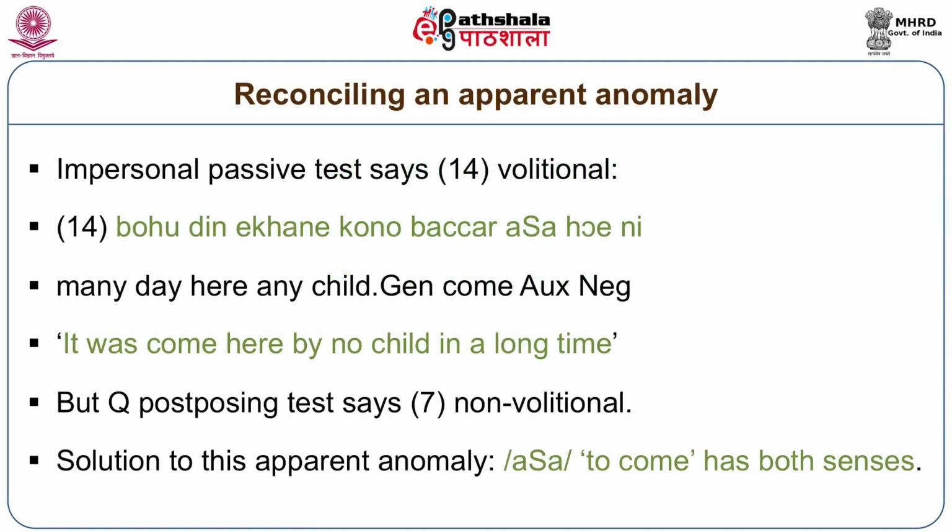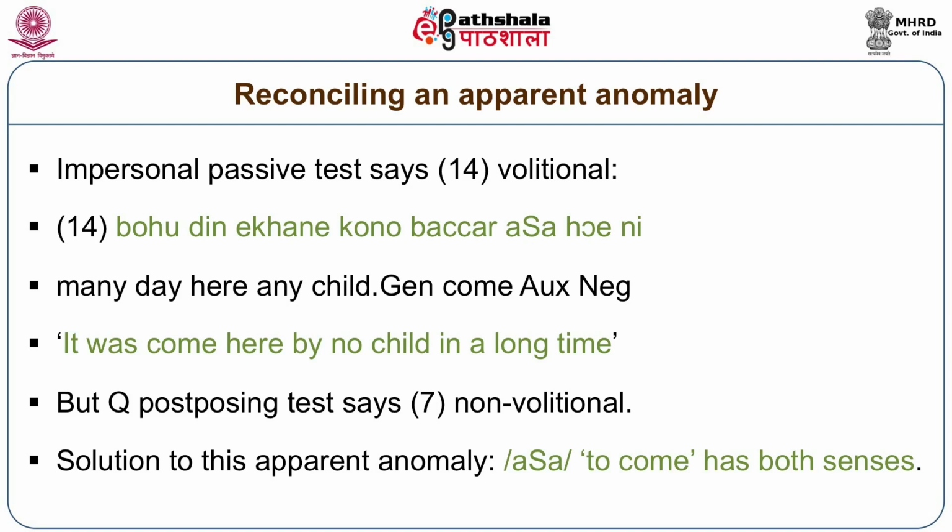If you consider sentence 14 in Bangla, "bohudin ekhane kono bachchar asha hoyni." For a long time here any child's it was not come. Coming did not happen. If you look at this impersonal passive in Bangla, it was not come by any child here for a long time, in bad English, in a format that English does not allow.